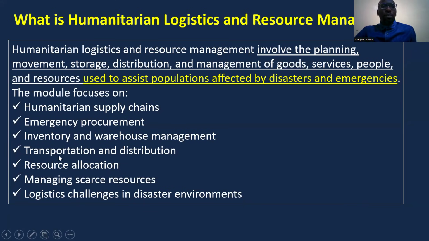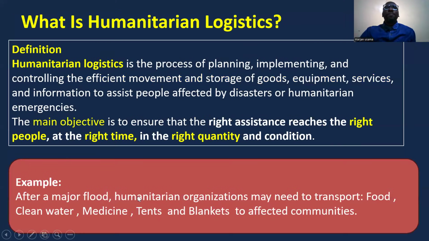So we shall be focusing on all these areas: humanitarian supply chains, emergency procurement, inventory and warehouse management, transportation and distribution, resource allocation, managing scarce resources, then lastly, logistic challenges in disaster environment.